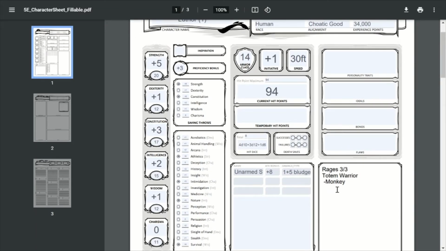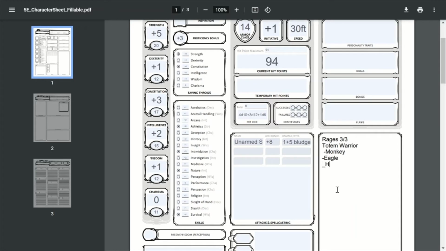And Monkey isn't normally one. The normal ones are Eagle, Hawk, I believe, is one of them, Wolf, Bear, and I think there's another one. And Monkey usually isn't one, but it does say that you can ask your DM for a different animal than what is listed, and then you can have the DM either take the traits off of an existing animal or make up their own traits for it.